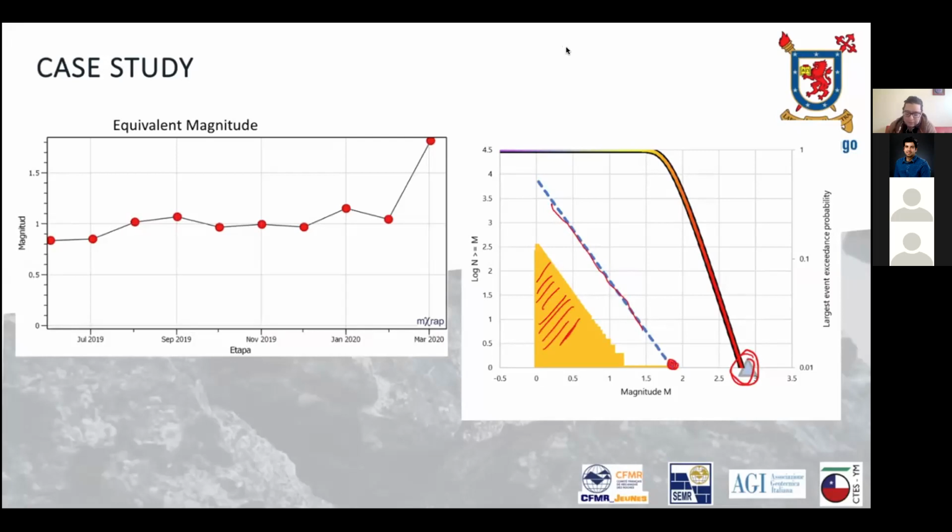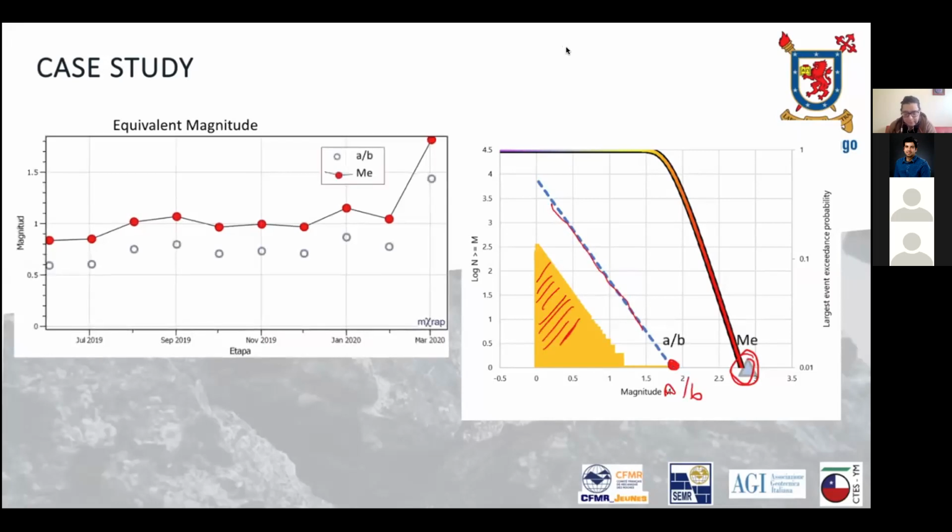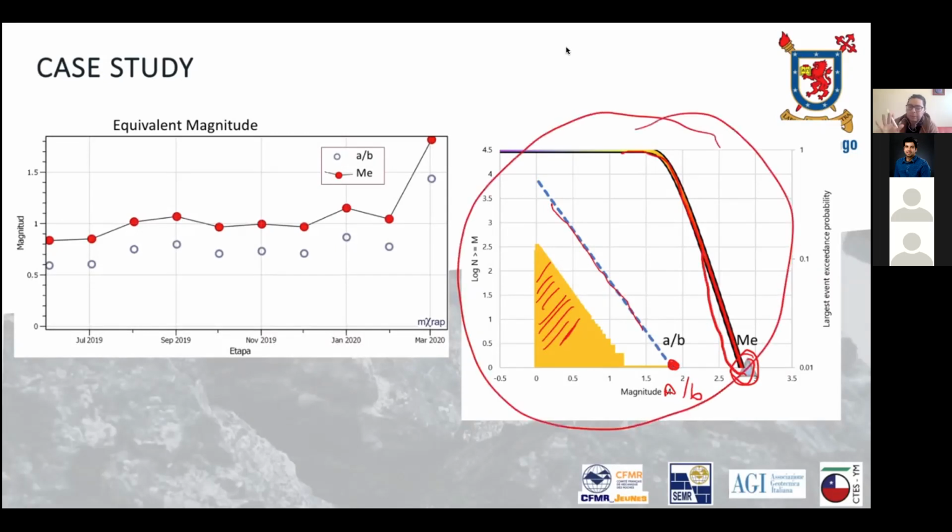We can get this value that is called the A over B value. And we can also calculate, using the equations shown at the beginning, this line that corresponds to the probability of exceeding a specific magnitude. In this case, this picture is just a snapshot of one period. We would like to have it for each period to see how the probabilities change over time.